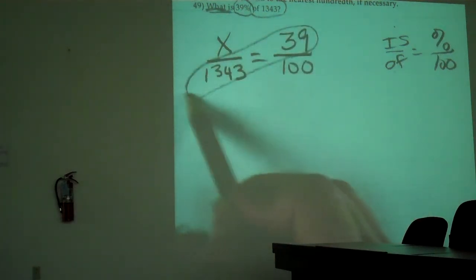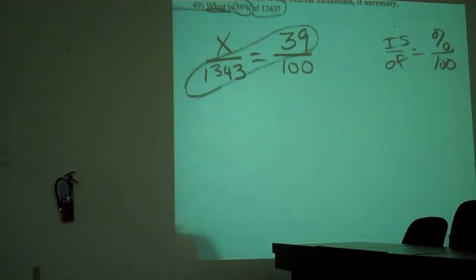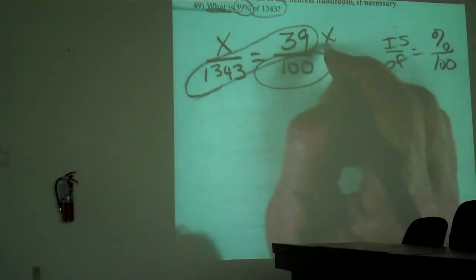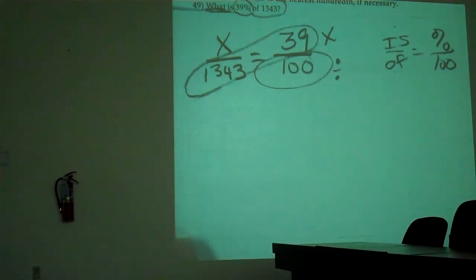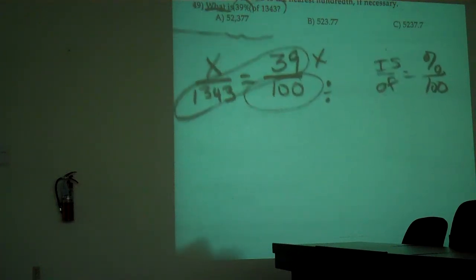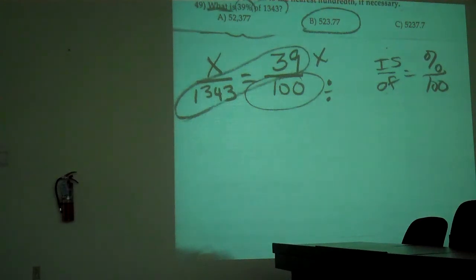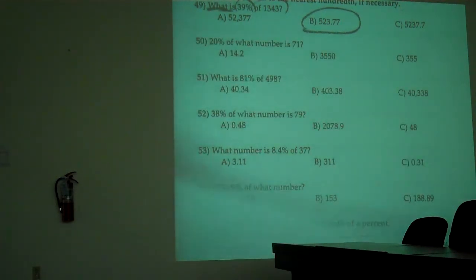So multiply 39 times 1343, divide by 100. If you do it this way, you don't have to do any moving of the decimals. You'll always come out with the right answer without moving decimals. So what's the answer to that one? You remember? B. 523.77. Okay. No moving the decimals.